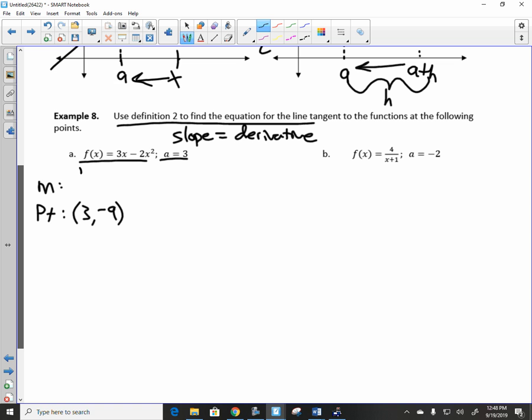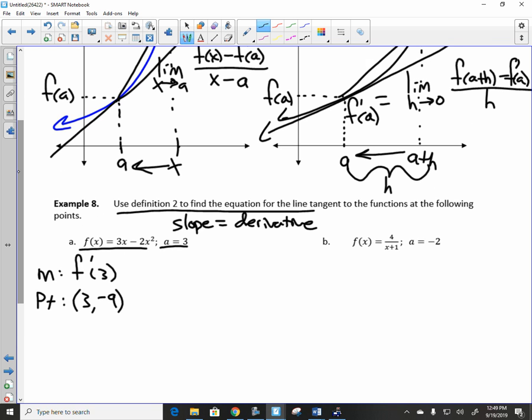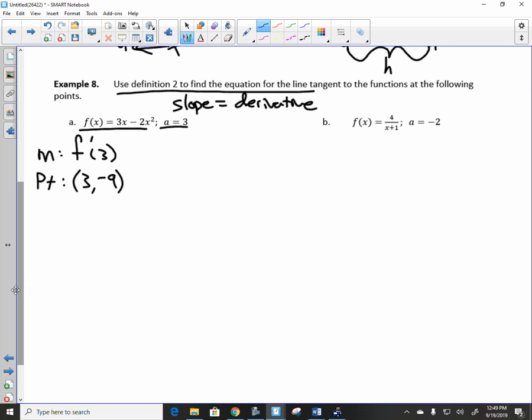Slope, easy. f prime of 3. How do we find f prime of 3? We use this guy right there. I plug a plus h in. So I have the limit as h goes to 0 of, I plug in a plus h for x.